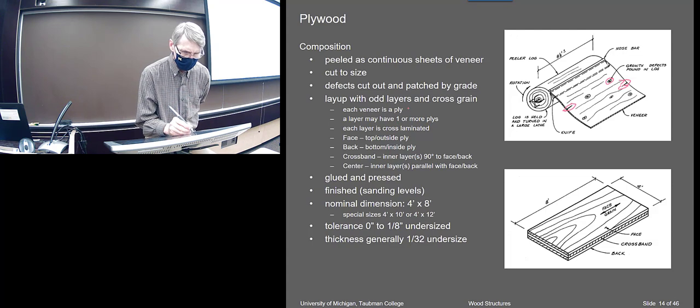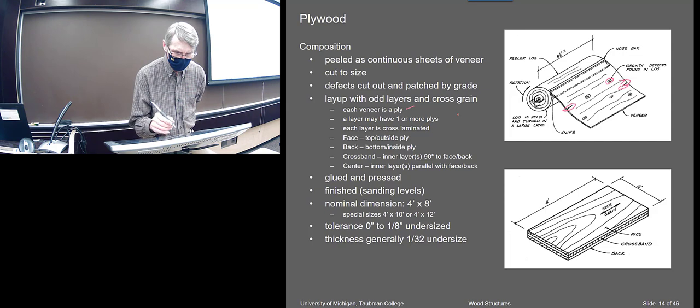Okay, we talked a little bit about that last time, it seems like. So each veneer is a ply. There's a difference between plies and layers. A layer is any plies that go in the same direction. So if I have them like this, and then a top and a bottom going in the opposite direction, right?